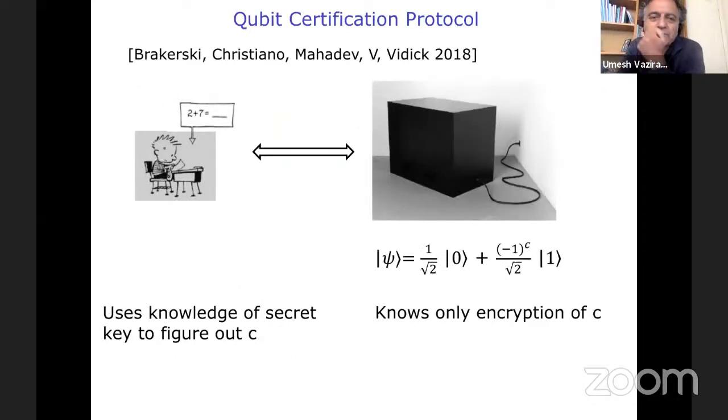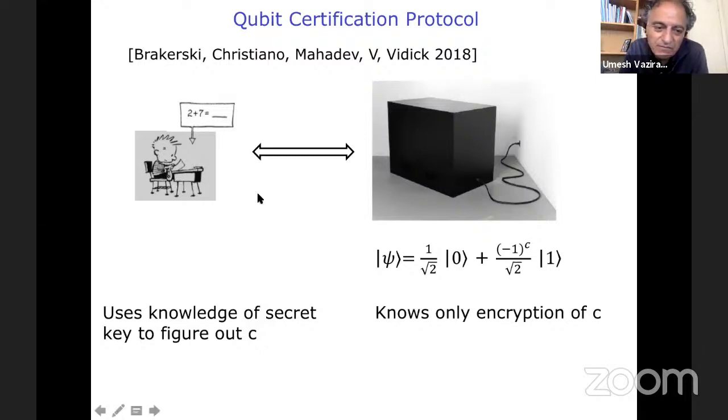Okay, so what's this qubit certification protocol? This is a protocol where the quantum computer creates a qubit, which is either in the plus state or in the minus state, and the quantum computer only knows an encryption of the bit C, which determines whether it's in the plus or the minus state.